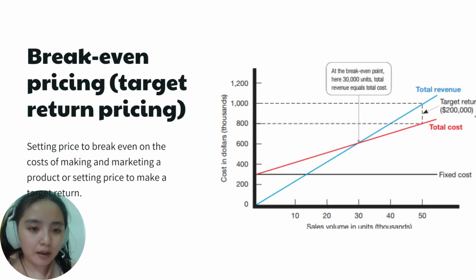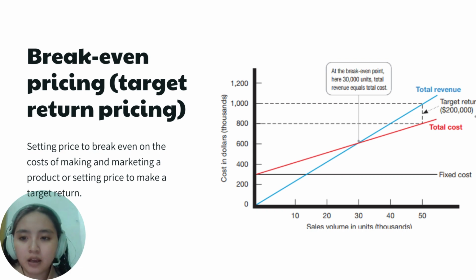Okay, next I will talk about break-even pricing, which we can also call target return pricing. It is setting price to break even on the cost of making and marketing a product, or setting price to make a target return. Here is a break-even chart for the toaster manufacturer discussed. Fixed cost is $300,000 regardless of sales volume.